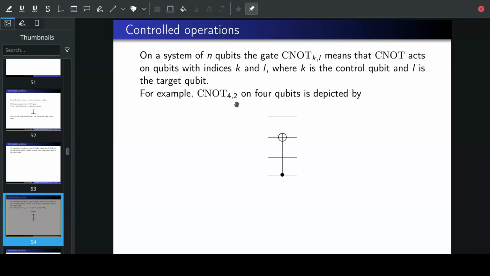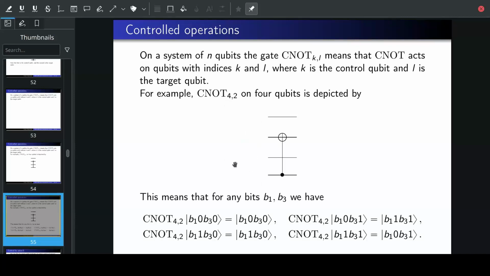Then CNOT 4,2 will be drawn as this circuit, where we show that this is a control qubit and this is a target qubit. And what this operation means is that we have the following identities. So for any classical bits B1 and B3, we can write these equations.